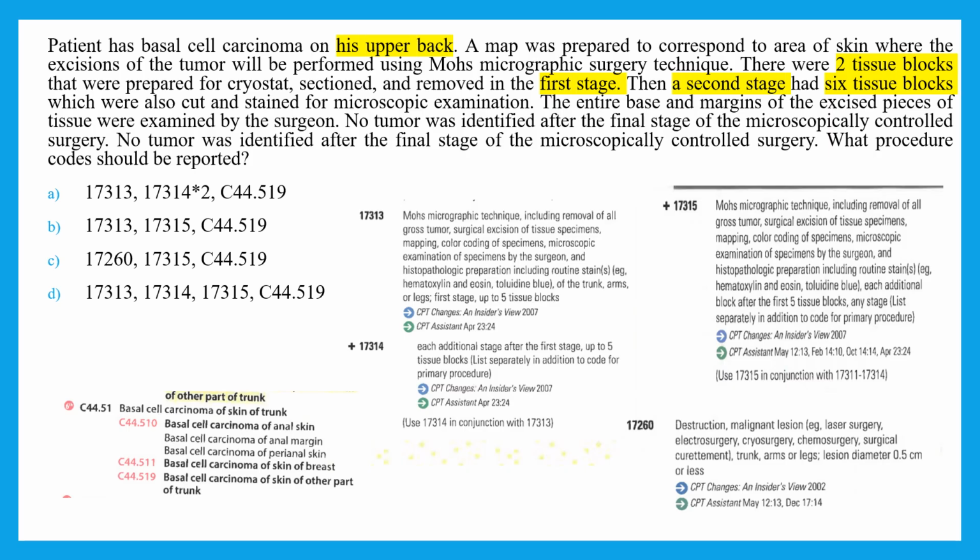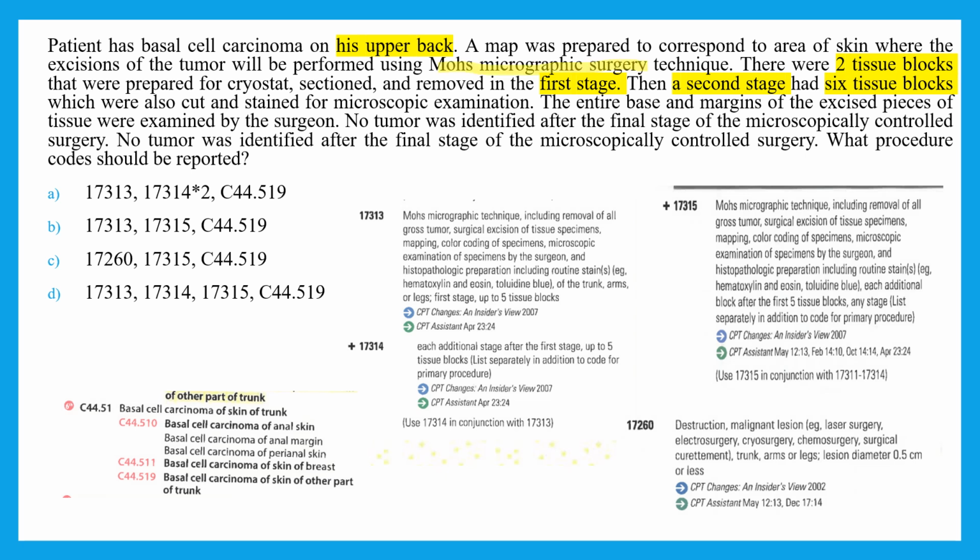Okay. So see this question, the patient has basal cell carcinoma on his upper back. A map was prepared to correspond to the area of the skin where the excisions of tumor will be performed using Mohs micrographic surgery. So they had indicated that it is a Mohs micrographic surgery technique.